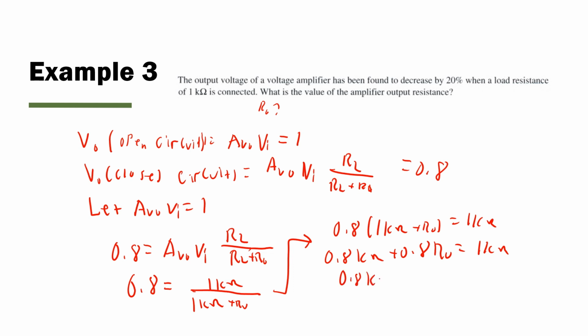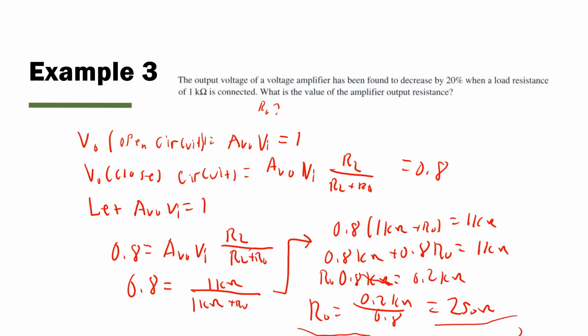So 0.2 kilo ohms is equal to 0.8 times RO. So therefore RO is equal to 0.2 kilo ohms divided by 0.8, which is 250 ohms. And that is our answer. Let's keep going.